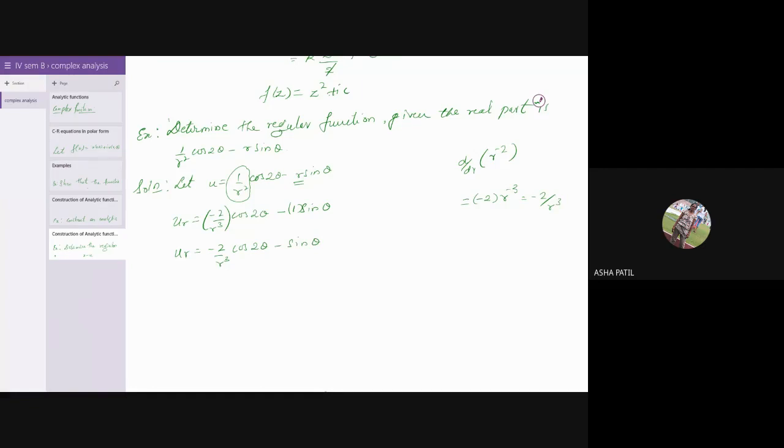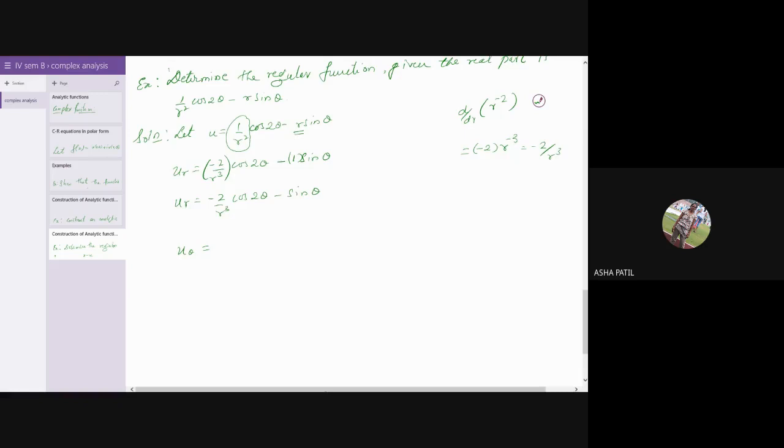Now let us differentiate with respect to theta partially. Differentiate this u with respect to theta. 1 by r square is held constant. What is the derivative of cos 2 theta? Minus sin 2 theta into 2, that is minus 2 sin 2 theta.